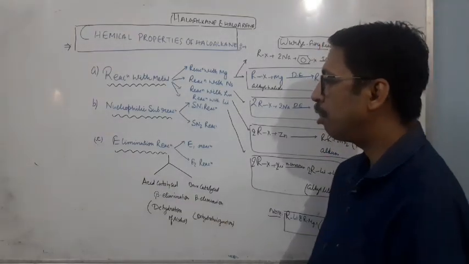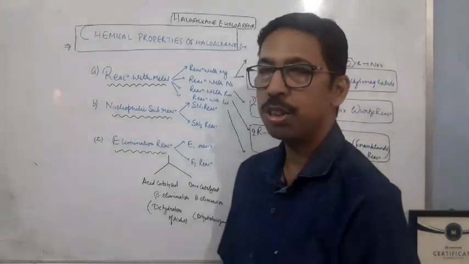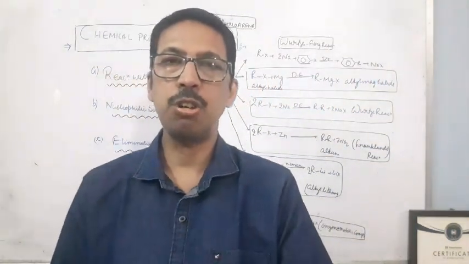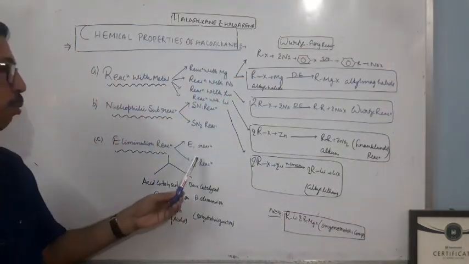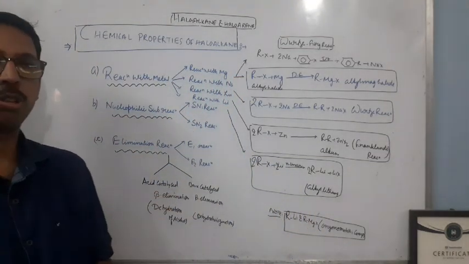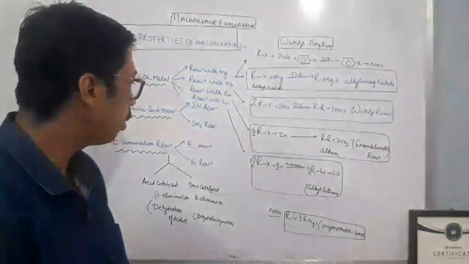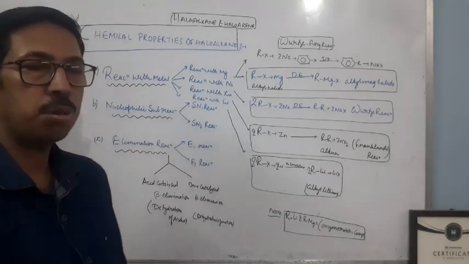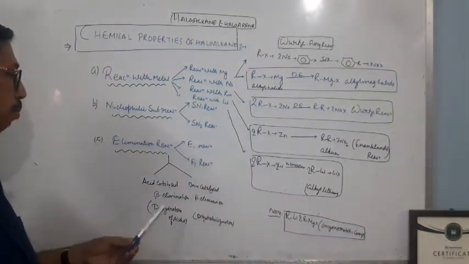And the third one is elimination reaction. Elimination reaction is further classified into two categories on the basis of the molecularity of the reaction, that is E1 reaction, which is also known as unimolecular elimination reaction, and E2 reaction, which is also known as bimolecular elimination reaction.